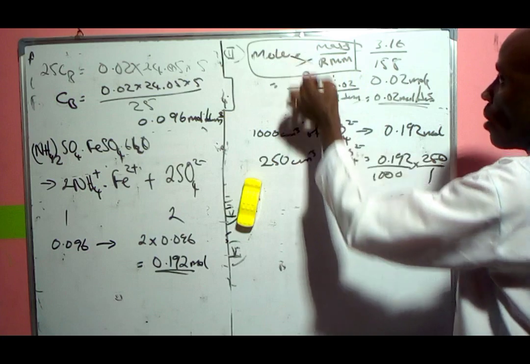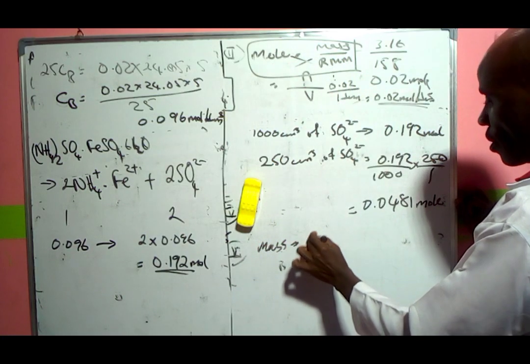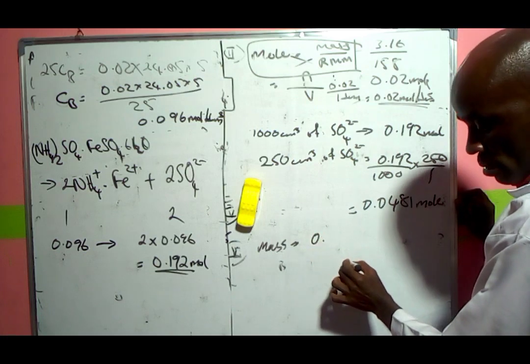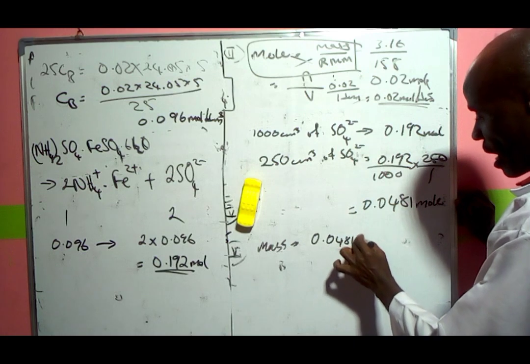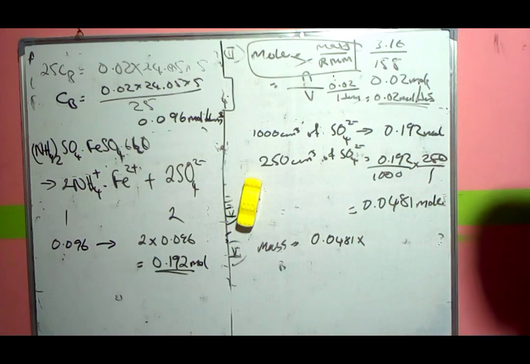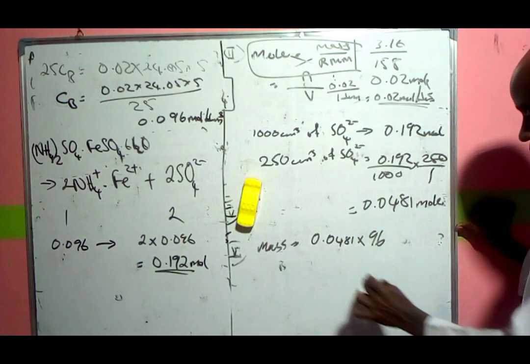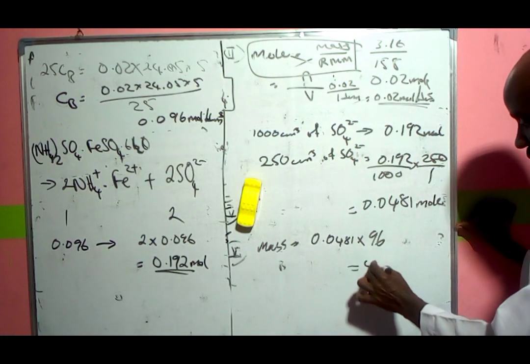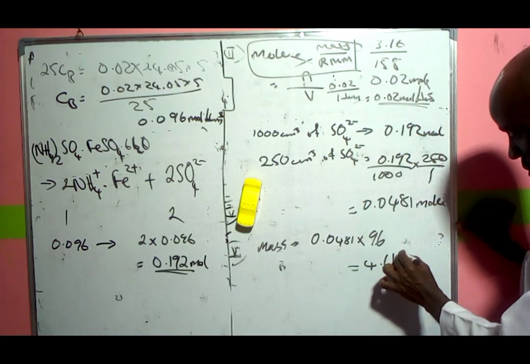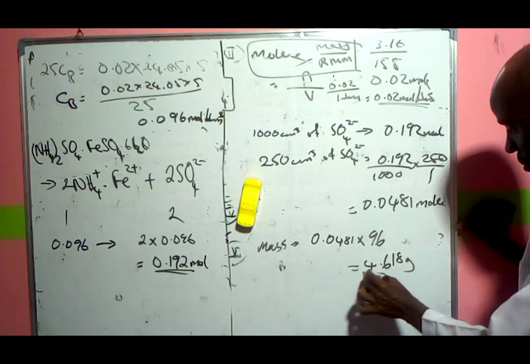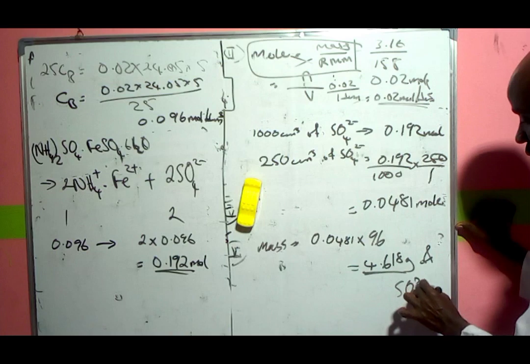So mass will then be the number of moles, which is 0.0481, times the relative molecular mass of the ion, which is 96. Multiplying through, we have 4.618 grams of the tetrahedral sulfur 6 ion.